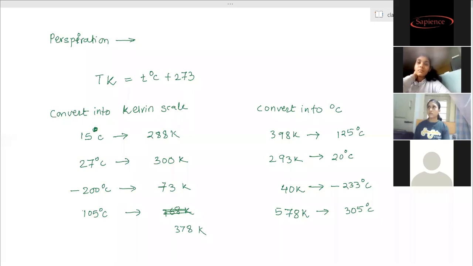Increased pressure keeps particles closer and won't allow them to move away, so melting will take more time. So the melting point increases.